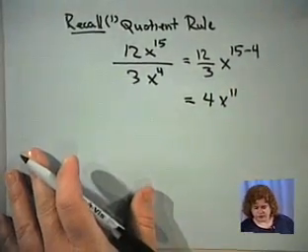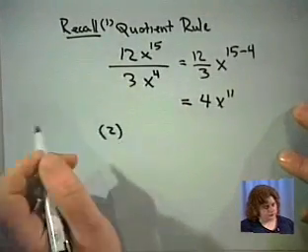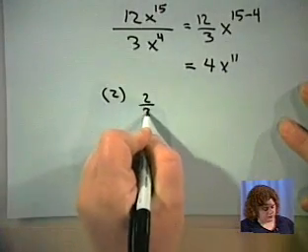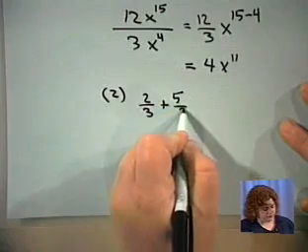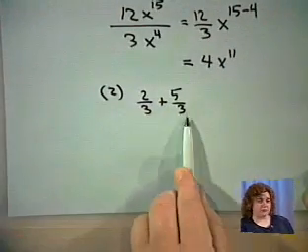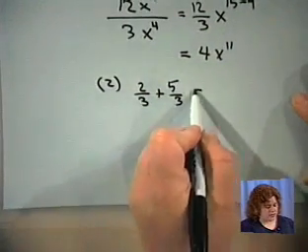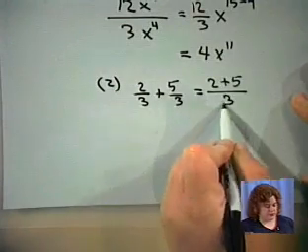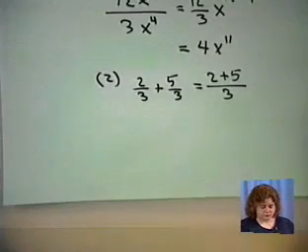Something else to think about is fractions and how they work. If you have something like 2/3 plus, let's say 5/3, we notice that they have the same denominator. And since they already have the same denominator, we're going to add the numerators, 2 plus 5, and put them over the common denominator, and we can go on from there.